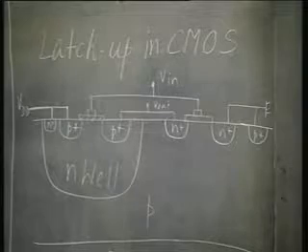Ground potential or whatever you give at the source VSS, it goes below that potential. In this particular case I have shown it to be ground, so it is below the ground potential by 0.7 volts at this point.